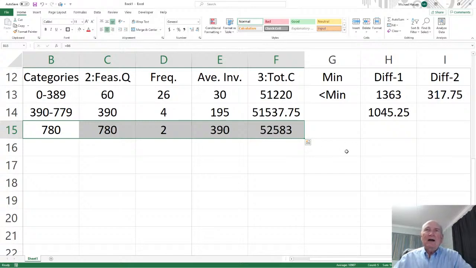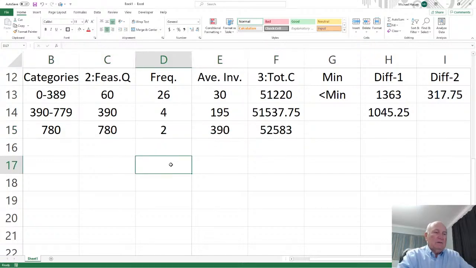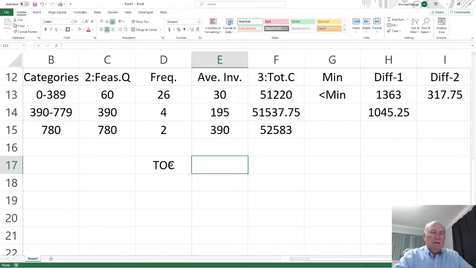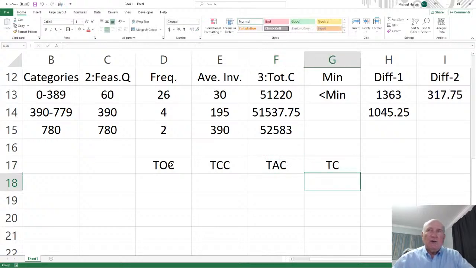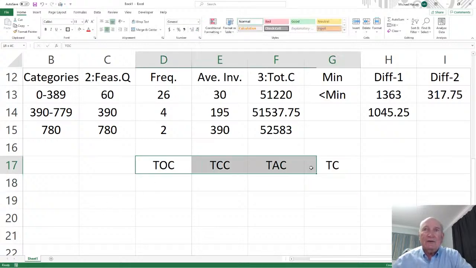Okay. And so what I didn't calculate down here was, I guess I could calculate the total ordering cost, the total carrying cost, and then the total acquisition cost, and then the total cost. So I didn't do that. I guess we could do that, couldn't we?